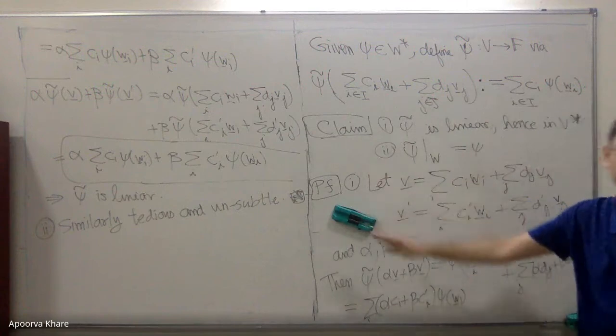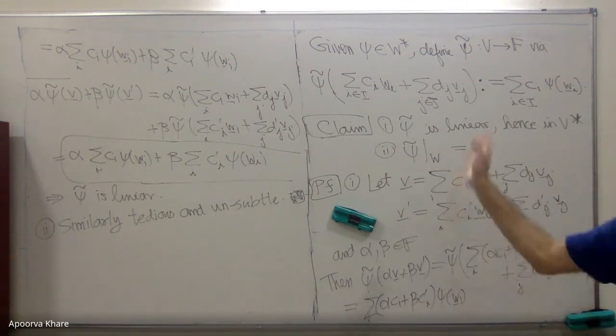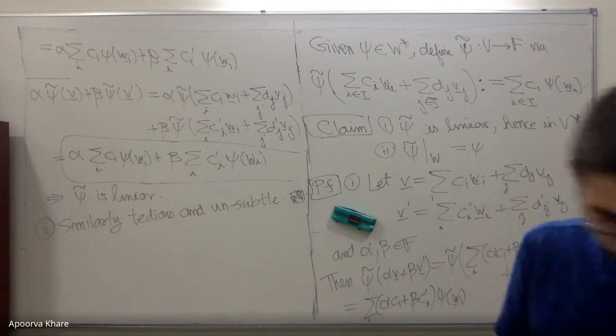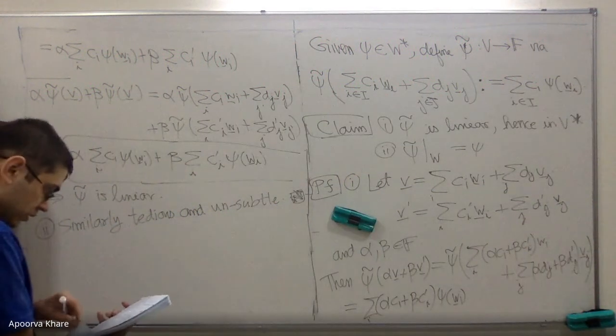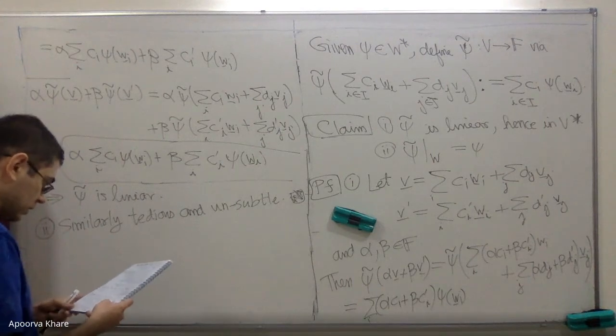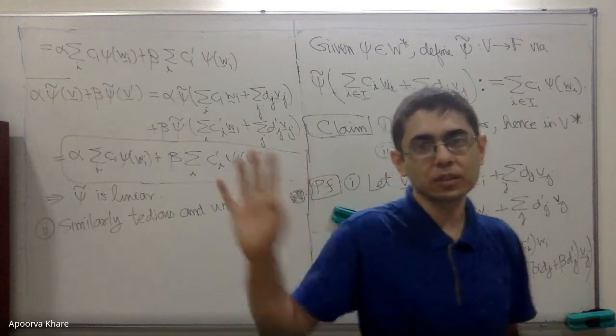It's completely straightforward that you restrict and you find it's the same thing. Okay, so that's the proof. So that ends the perp-space result.